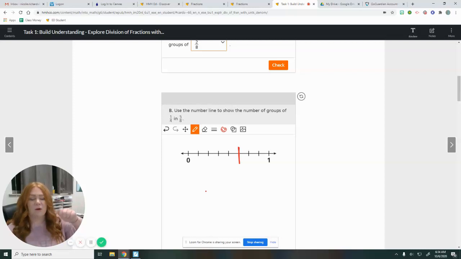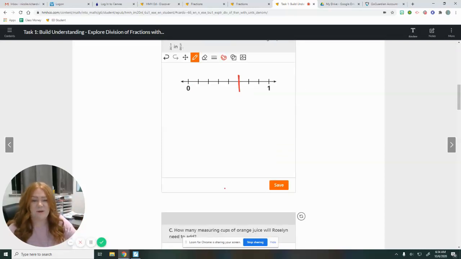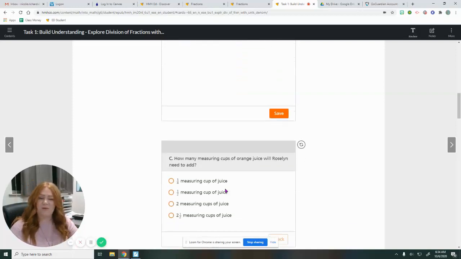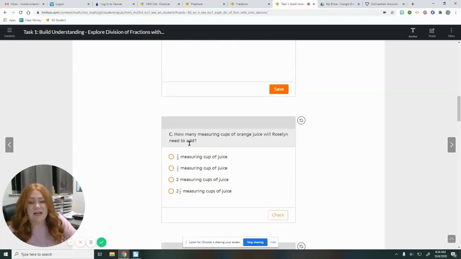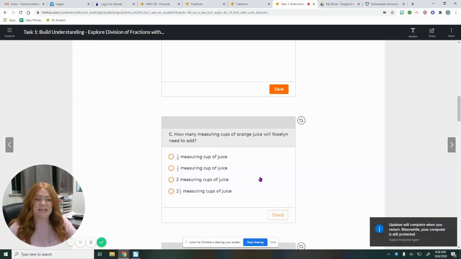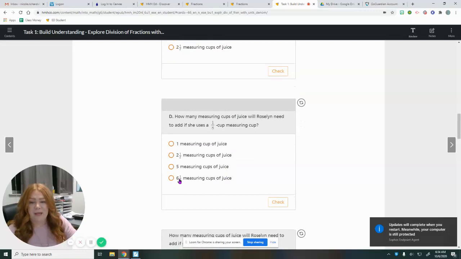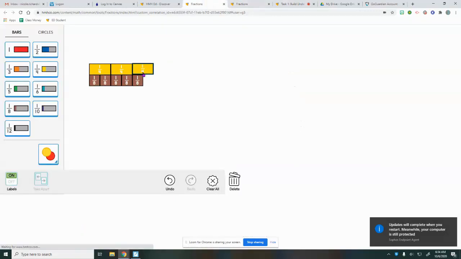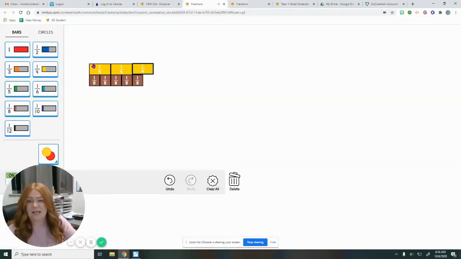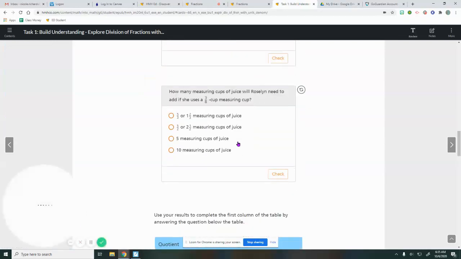Circle or block off 2/8, 2/8, and see what is left over. Just keep going all the way through. That should help you picture how many cups she needs to add as she scoops out. You also have that fraction picture here as well. It looks like she needs to scoop out 1, 2, and a half here.